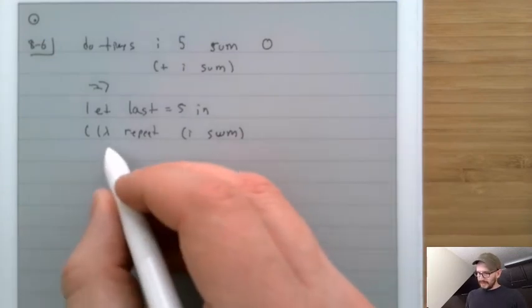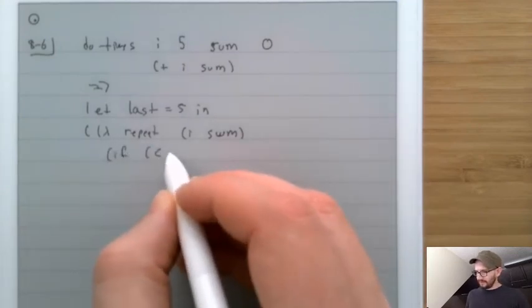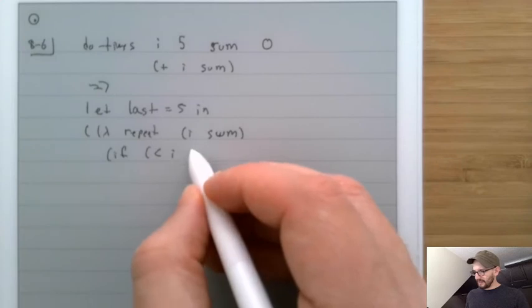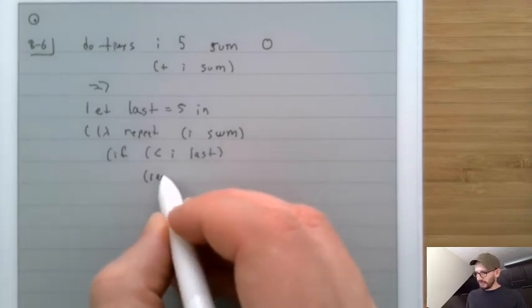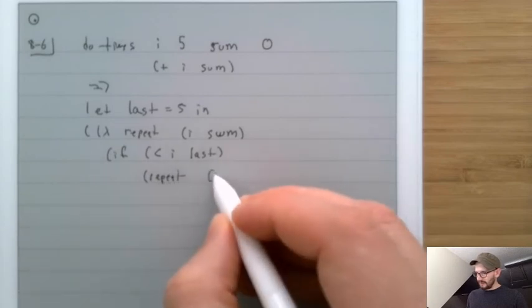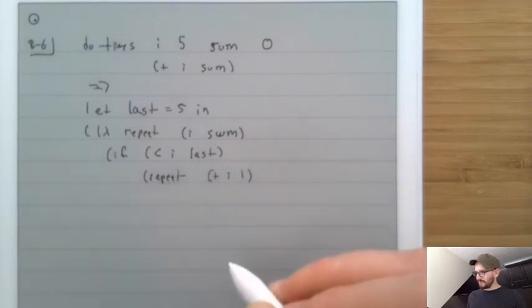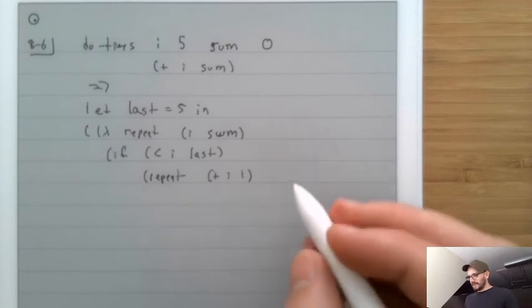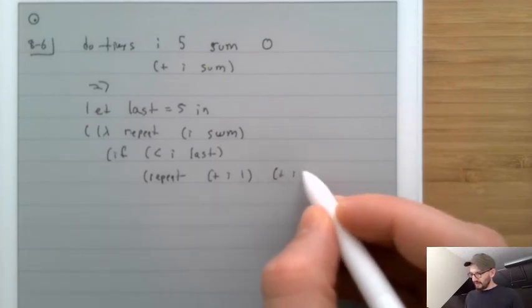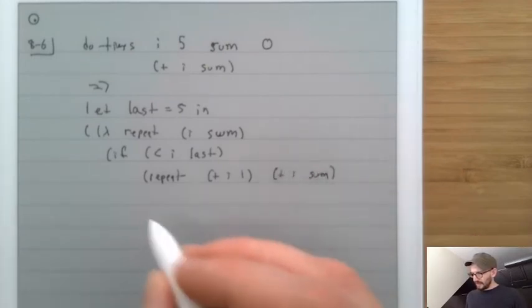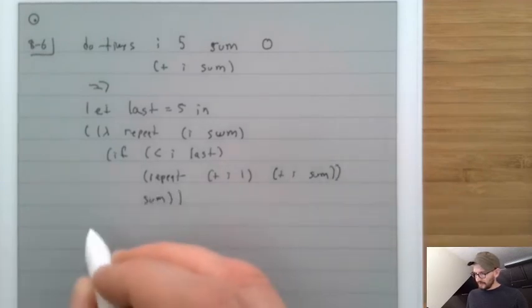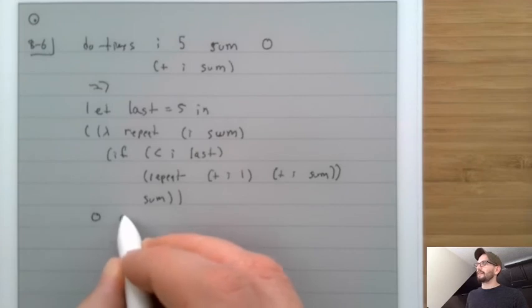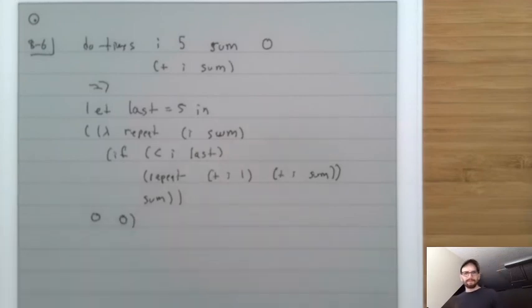And then if I is less than last, we're going to call repeat on I plus 1 and I plus sum. And then otherwise, we're going to return the sum, and we're going to start it off as 0 and 0.